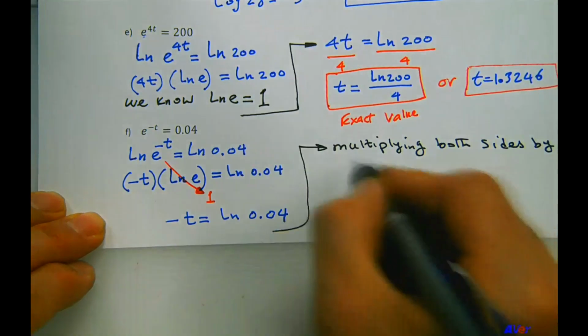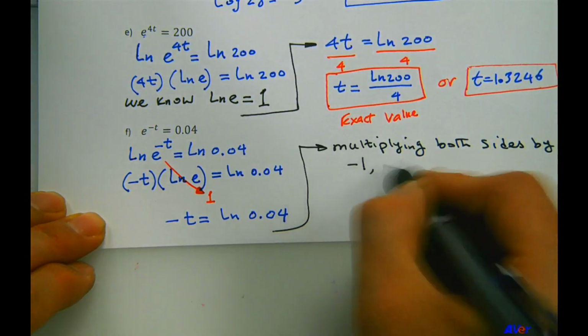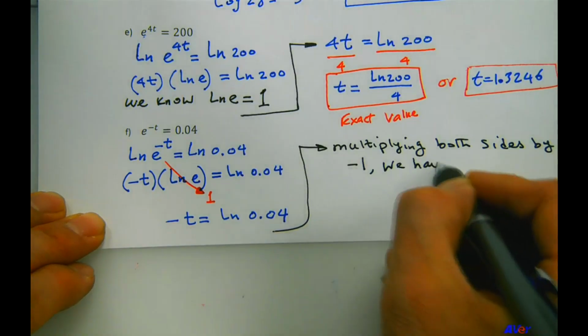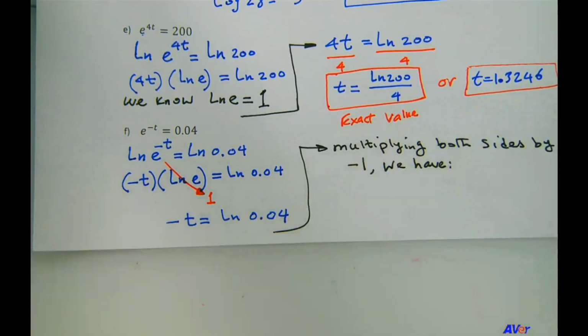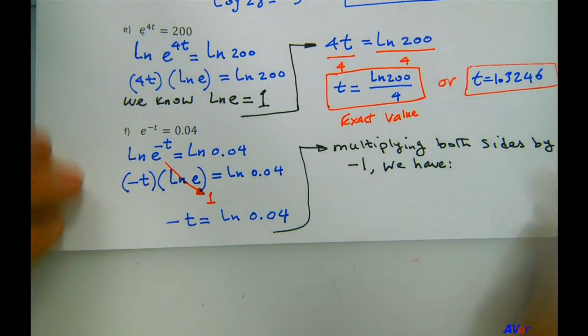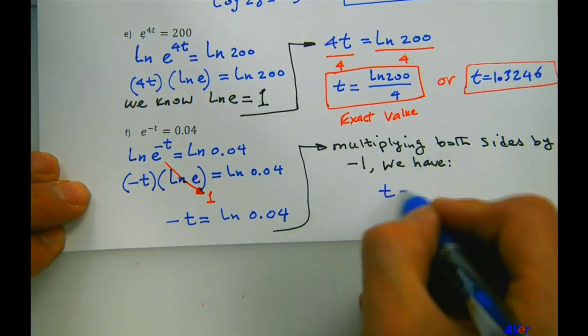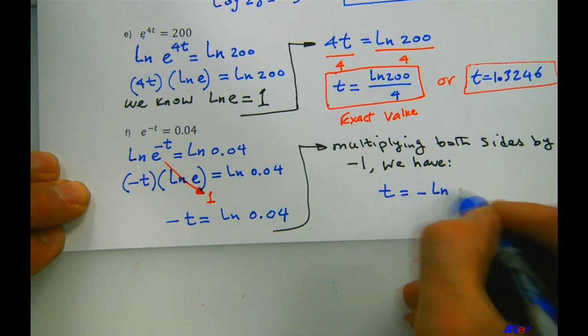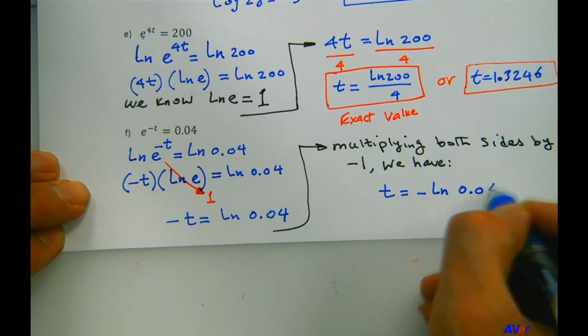Multiplying both sides by minus 1, we have t equals minus natural log of 0.04.